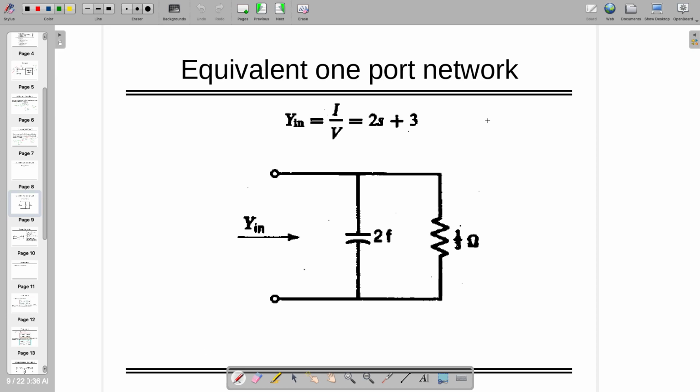But similar to this, if I want to find out if input impedance is equal to 2s plus 3, can we draw the circuit in the notebook? So it will be in series, or look, this is impedance. It has to be in series. This is 1 by 3 or 3, right? And what about this one?